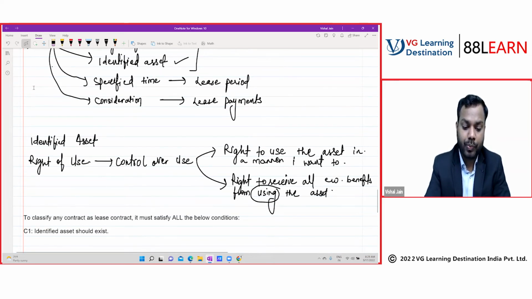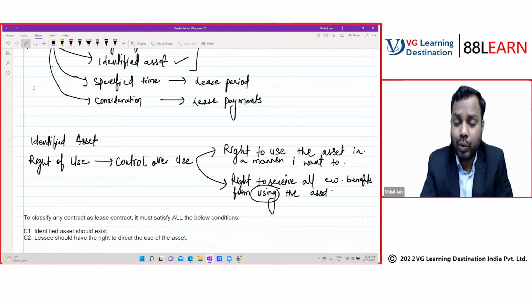Condition number 2 is that the lessee should have the right to direct the use of the asset, meaning thereby the lessee can use the asset in any manner he wants to.